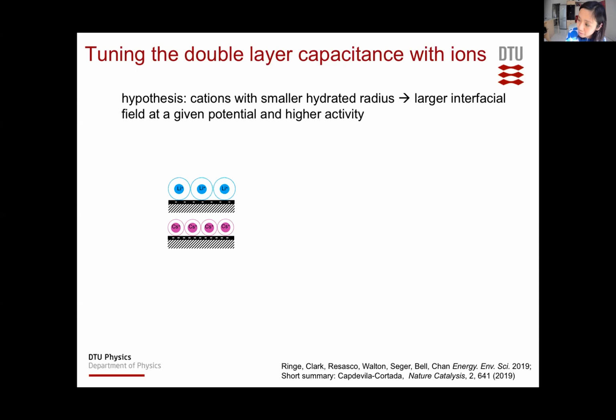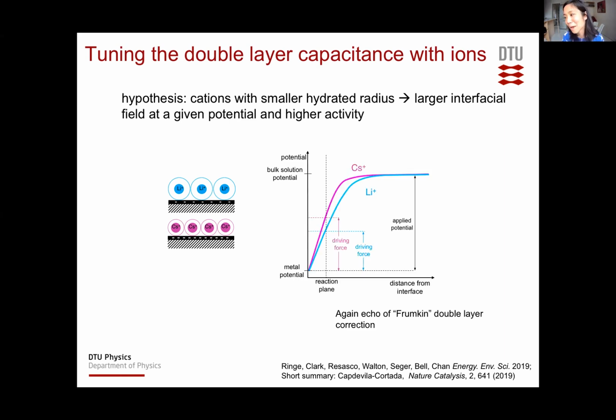Our hypothesis is that cations that have smaller hydrated radii can pack in a denser way at the electrochemical interface, such that it leads to slight increases in the stabilizing interfacial electric field. In the case of lithium versus cesium, lithium actually has a larger, looser solvation shell.